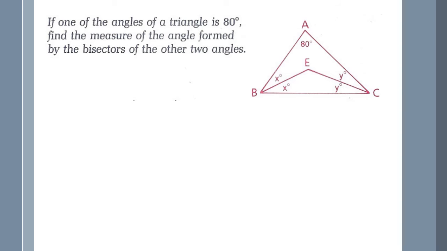Okay, so here's what we're going to end up with. One of the measures of an angle is 80. Find the measure of the angle formed by the bisectors of the two angles. So we know that 2x plus 2y plus 80 equals 180.